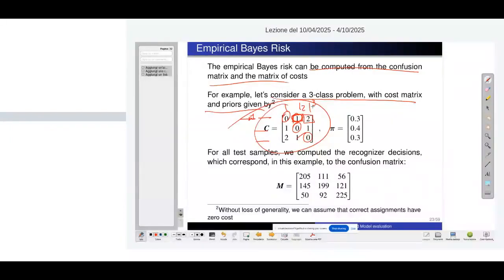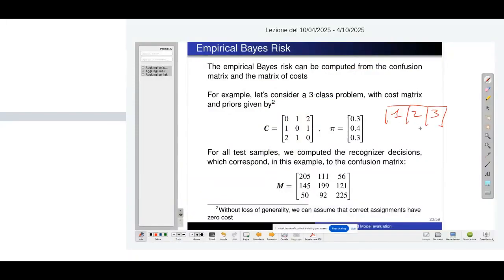So you see that the cost matrix encodes what? Imagine that class 1, 2, and 3 are 3 possible outcomes. If a sample from class 2 is predicted as either of the classes which are close, I pay 1. If a sample from class 1 is predicted as 3, which is far, I pay more than if I predict it as class 2. For example, imagine cloud, rain, sun.